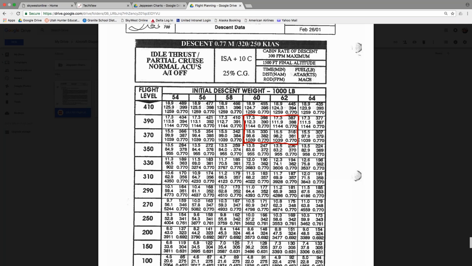What is our fuel burn? 358 pounds. 358. Okay, and what is our speed? That I did not get yet. 385. 385? Okay. That is the top of descent.